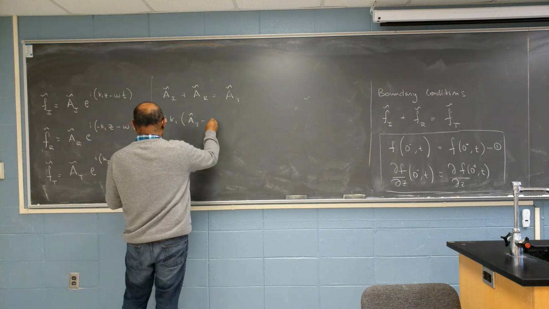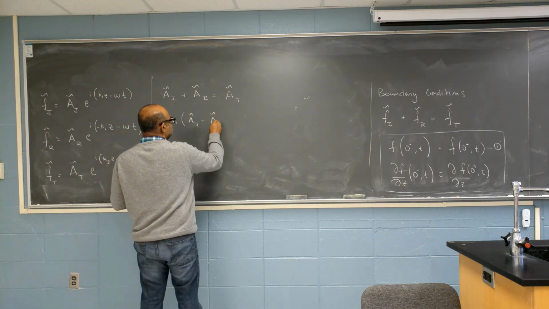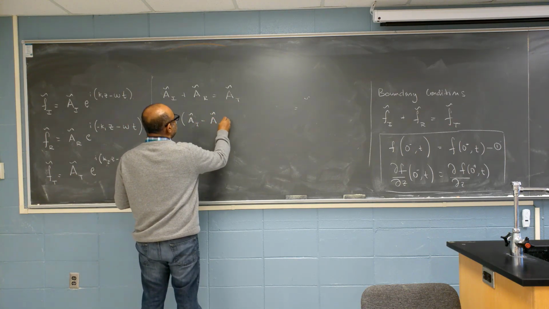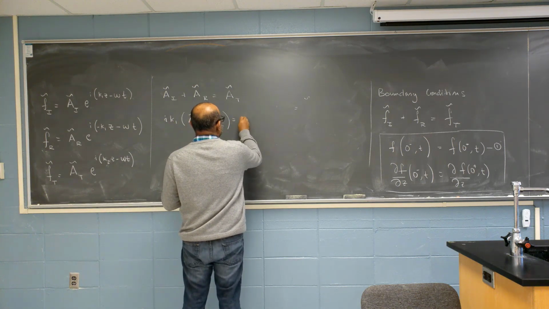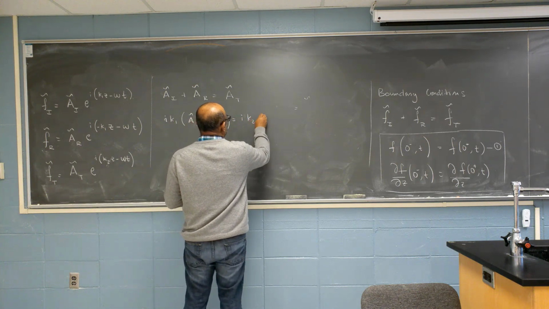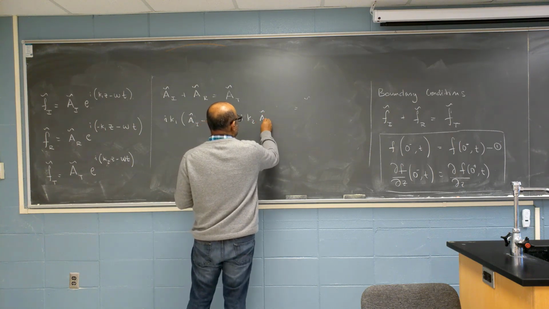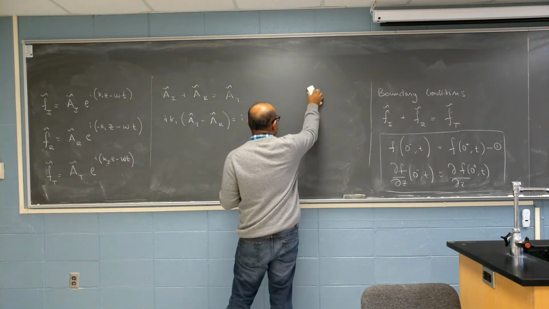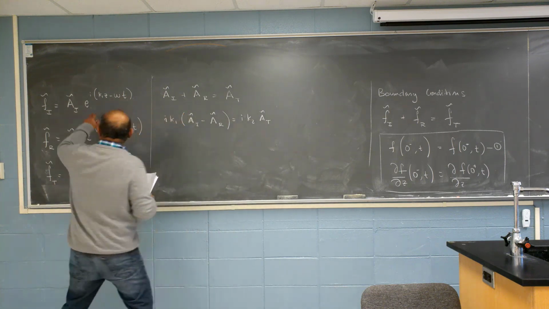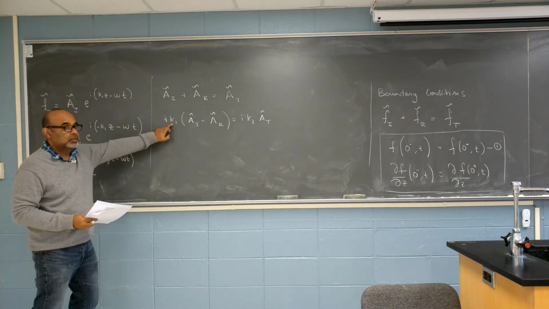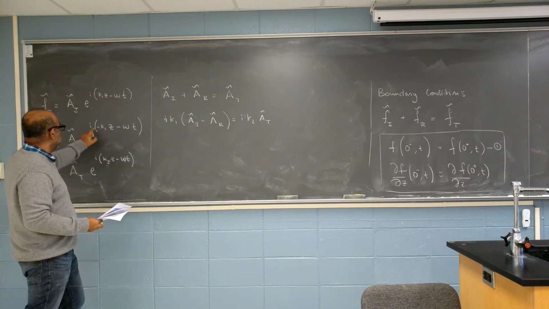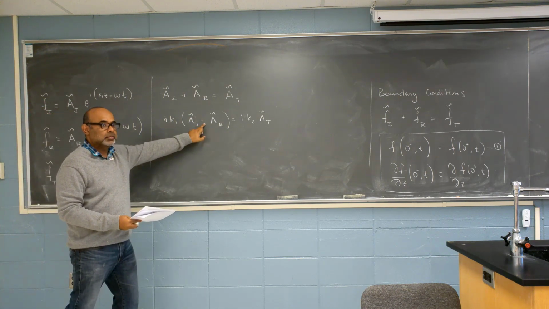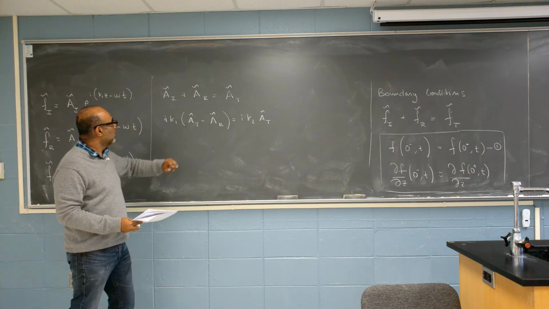minus what? Tell me, why did I get the minus instead of plus? See, I get i K1 here. Because it's a minus, I get a minus i K1, so that's the minus sign.